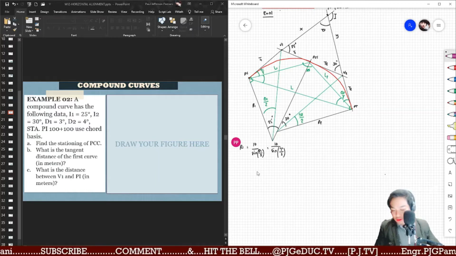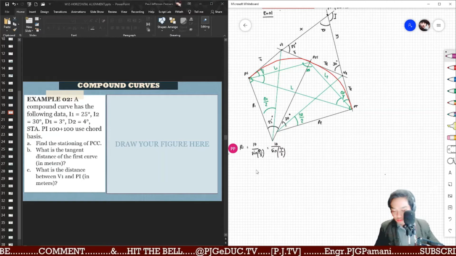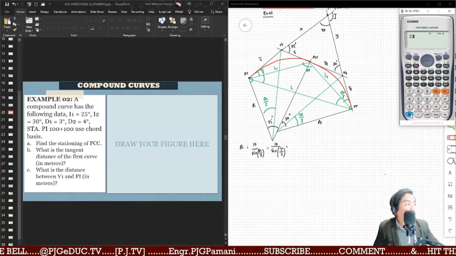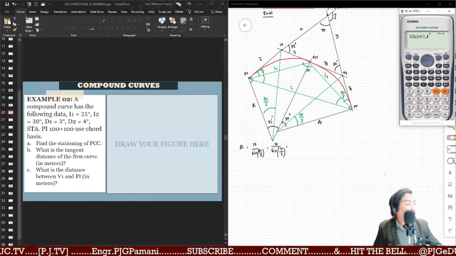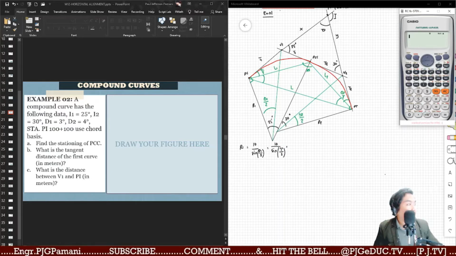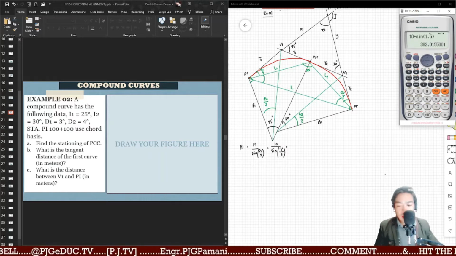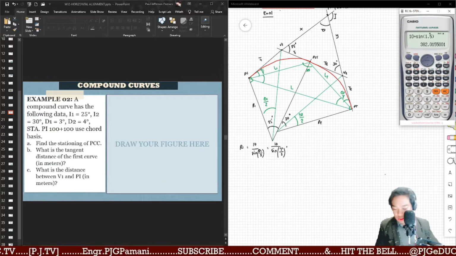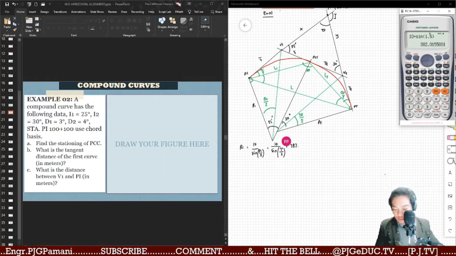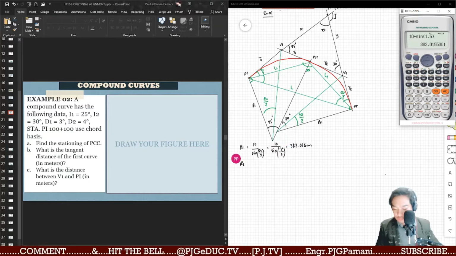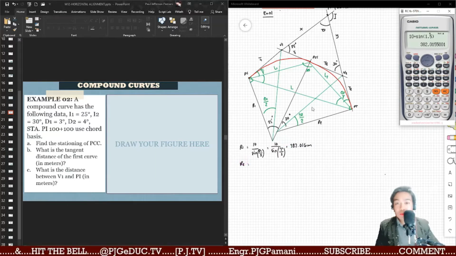Calculator again: 10 over sine 1.5. That is 382.016 meters.